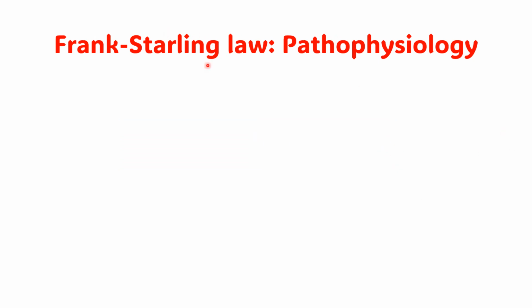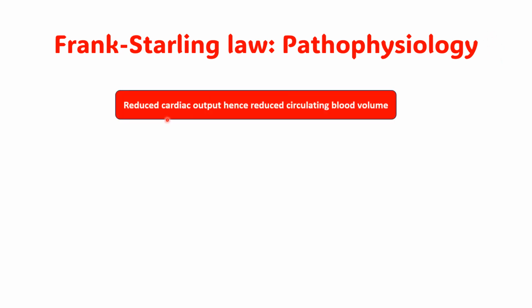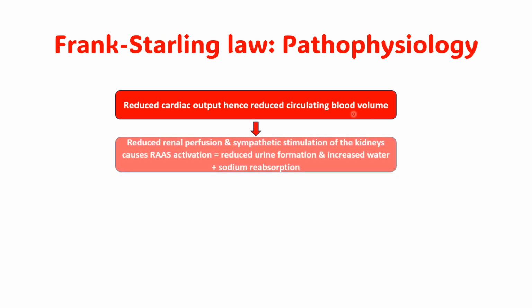So let's talk about the Frank-Starling law related to the underlying pathophysiology of heart failure. What you have is a reduced cardiac output, hence reduced circulating blood volume. Because there's reduced renal perfusion, you have sympathetic stimulation of the kidneys, which causes activation of the renin-angiotensin-aldosterone system.